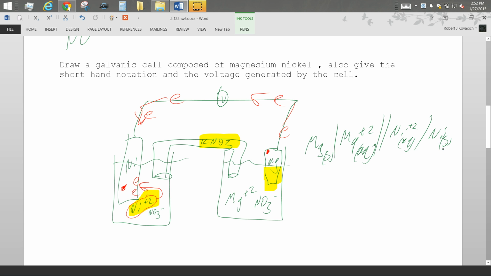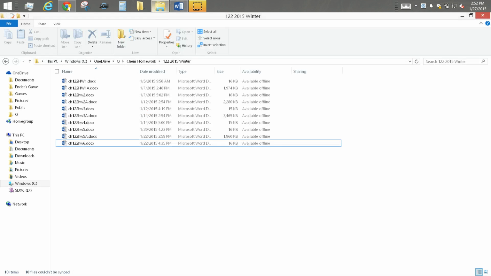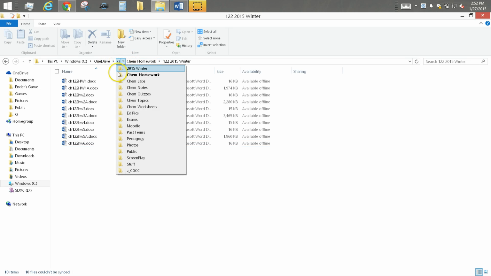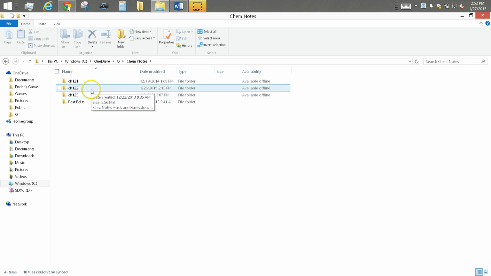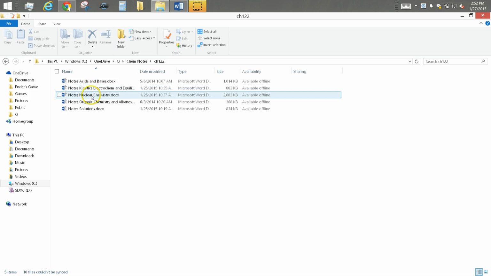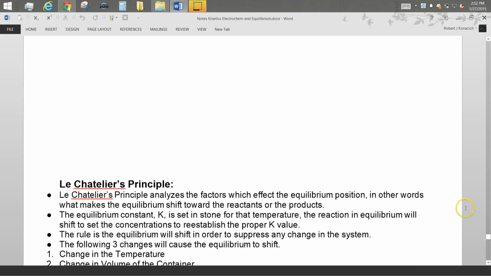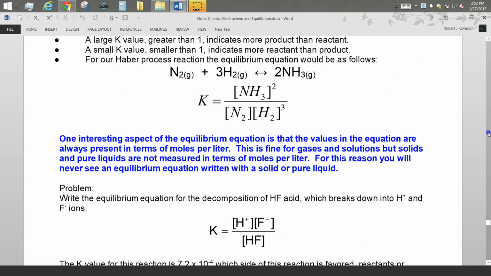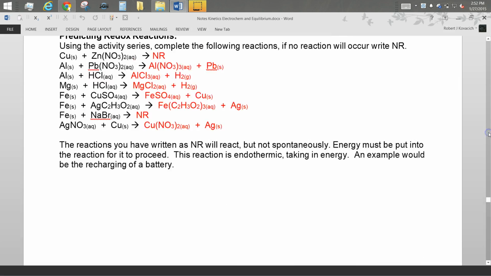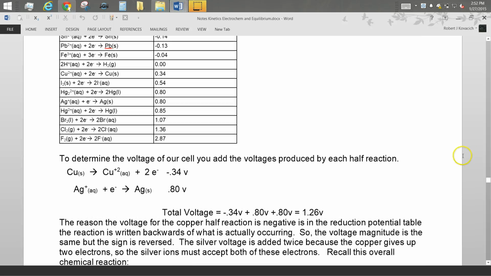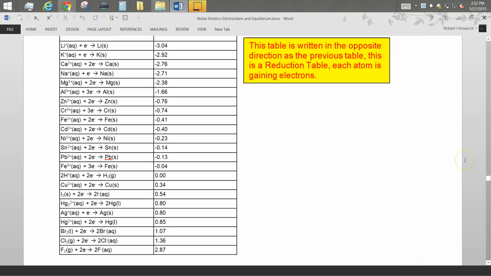And the voltage, what is the voltage for this? So we're talking about nickel. So the nickel is gaining electrons.